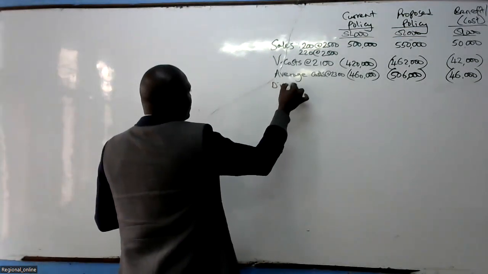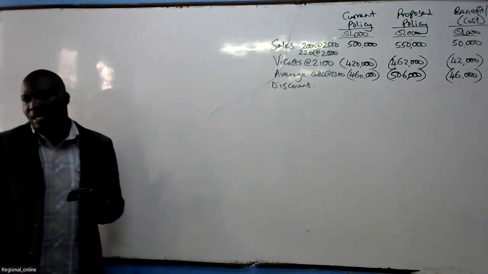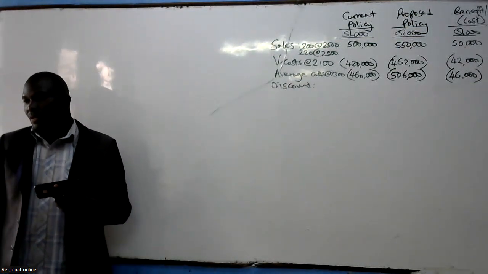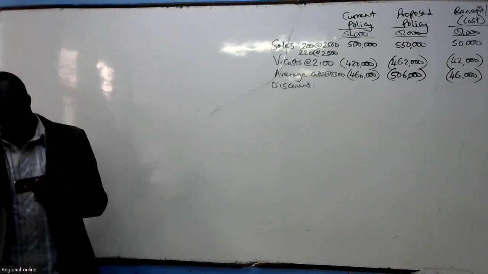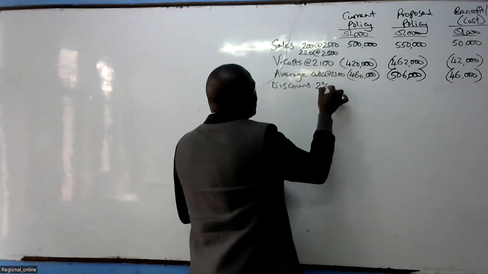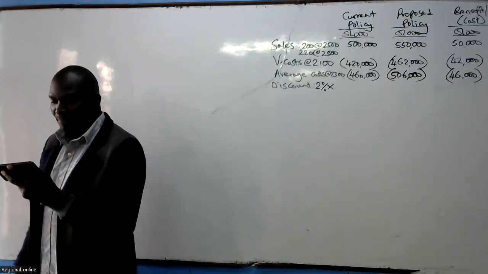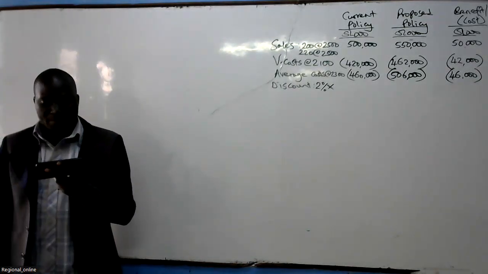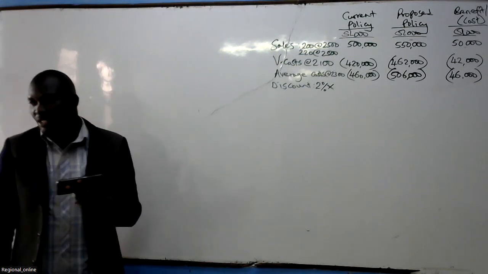Are you seeing a discount? Currently, there is no discount, but you want to move to a discount of what percent? 2%. So the discount rate is 2%. How much of our customers will enjoy the discount? 60% of the customers will take the discount.